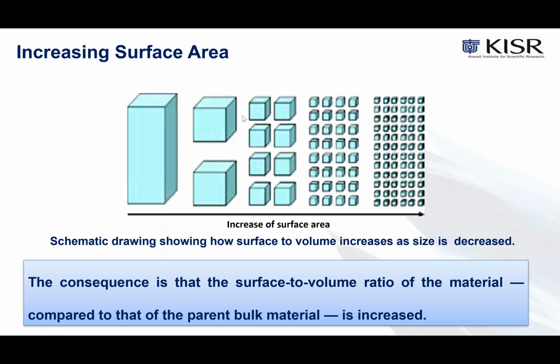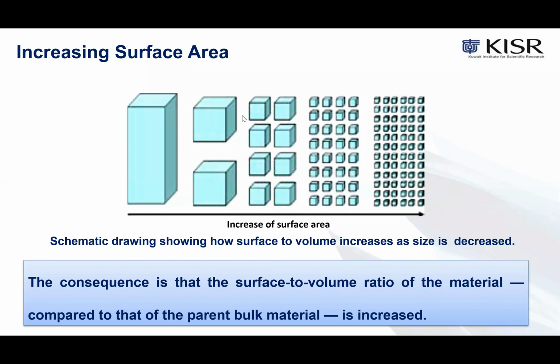What is the phenomenon with increasing the surface area? When one compares the percentage of atoms on the cube's surface, it is possible to see that as the size of the cube is reduced, the percentage of atoms on the surface increases. It is also the case that the ratio of the surface area to the volume is inversely proportional to the particle size.